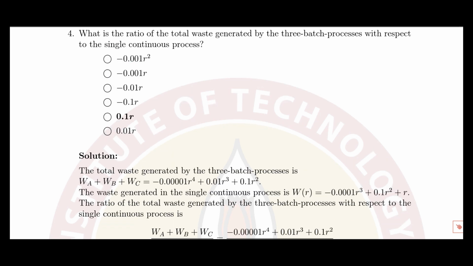Coming to the fourth question, what is the ratio of the total waste generated by the 3 batch processes with respect to the single continuous process? We were asked to find exactly W of A plus W of B plus W of C divided by W of R. We just found W of A plus W of B plus W of C, which is nothing but minus 0.00001 R power 4 plus 0.01 R cube plus 0.1 R square.